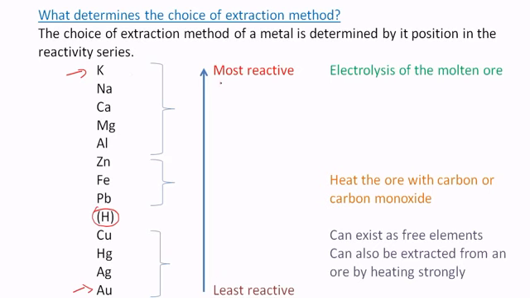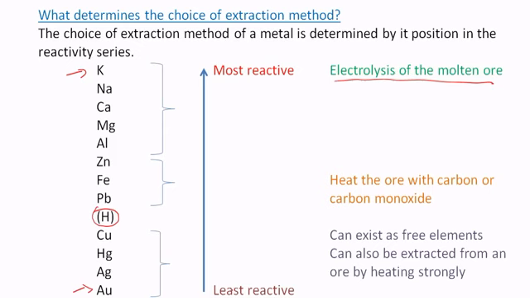Now, at the top, we have the most reactive metals. This means that the ores or the compounds formed have very high melting points, and therefore require a strong method of reduction. So at the top of the reactivity series, we have to use electrolysis in order to extract the metal.